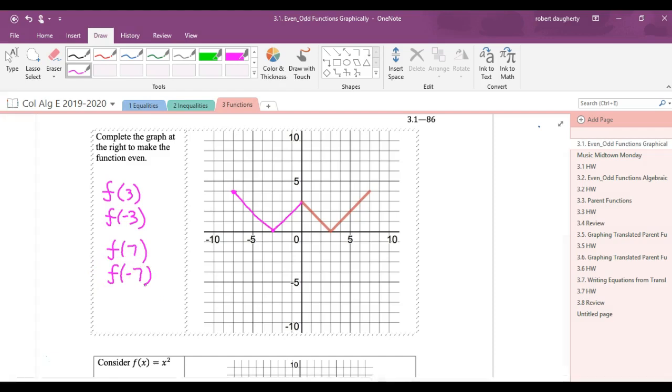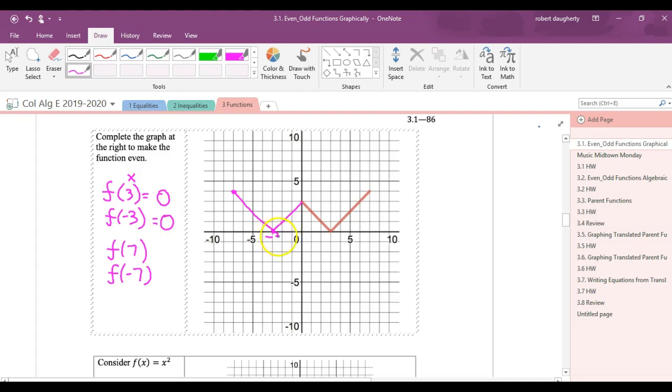What is f of 3? So when x is 3, what value do I get? 1, 2, 3. What is f of 3? 0. Okay, this is your x value. When you plug in a 3, you're going to get a 0. So what should f of -3 be? It should also be 0 if this is an even function.